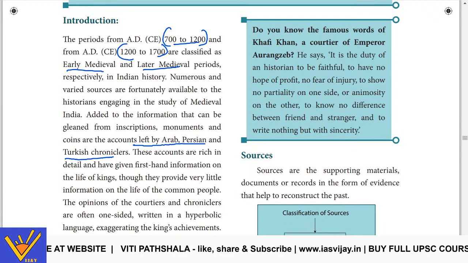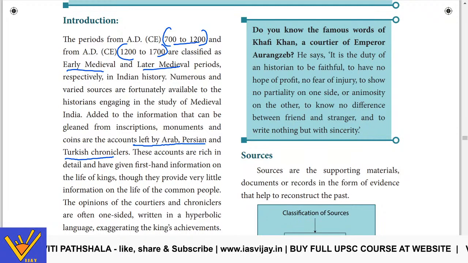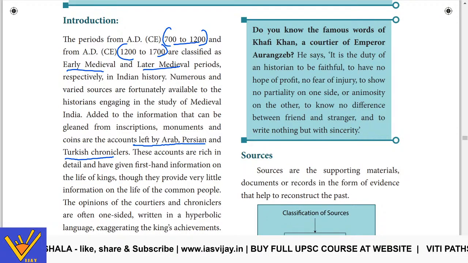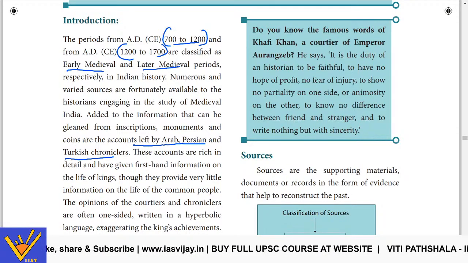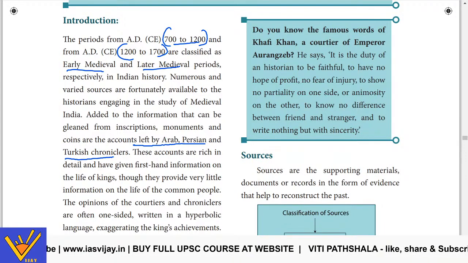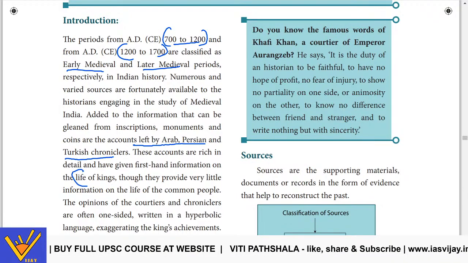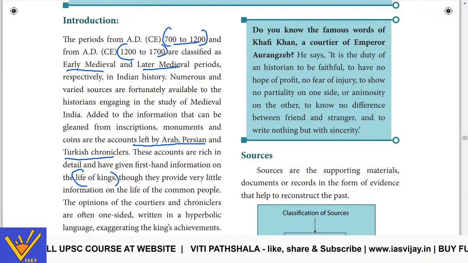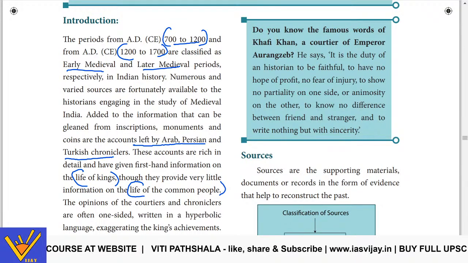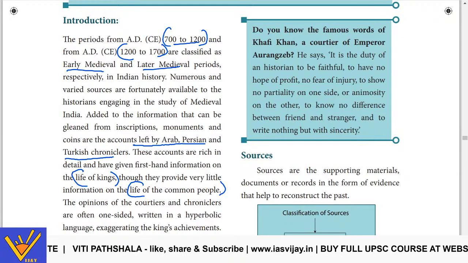Now these accounts are rich in detail and have given first-hand information on the life of the kings, though they provide very little information on the life of the common people. So these things give more information on the life of the kings rather than the life of the common people, because they were made by the kings and they portray the king itself.